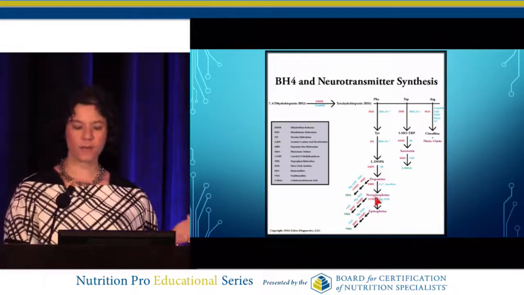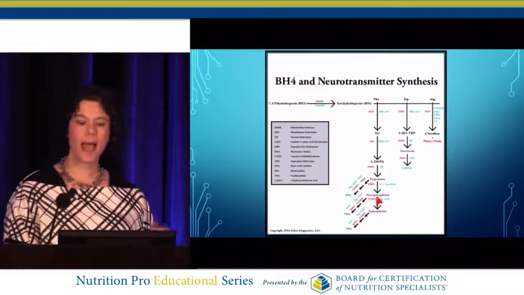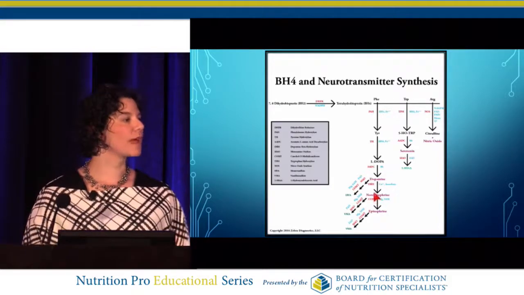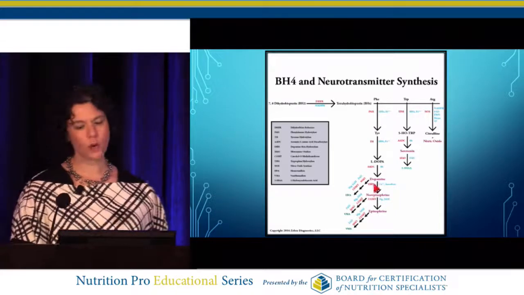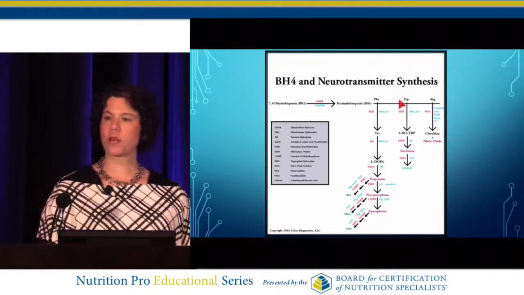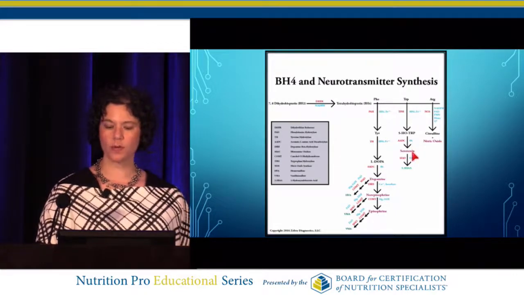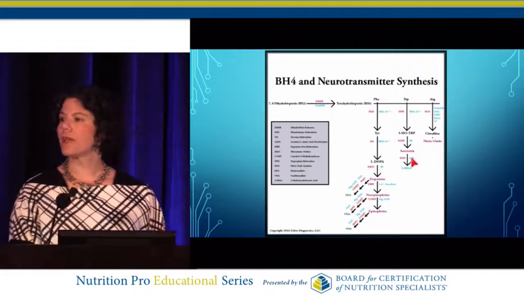And then norepinephrine can go via COMT to epinephrine. Both norepinephrine and epinephrine are broken down by MAO and COMT as well in order to create vanillylmandelate, the urinary organic acid. When we look at our serotonin metabolism, we have production via tryptophan to 5-hydroxytryptophan and ultimately serotonin. And this is also broken down by our MAO enzyme to 5-HIAA.